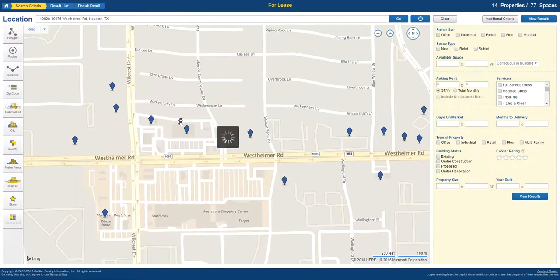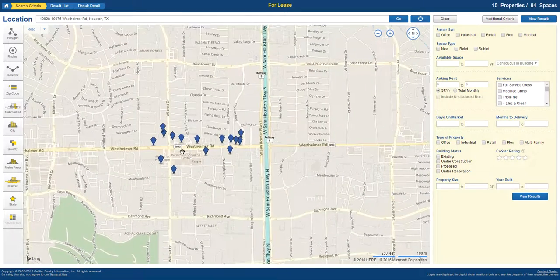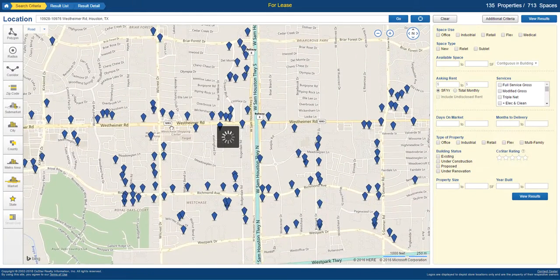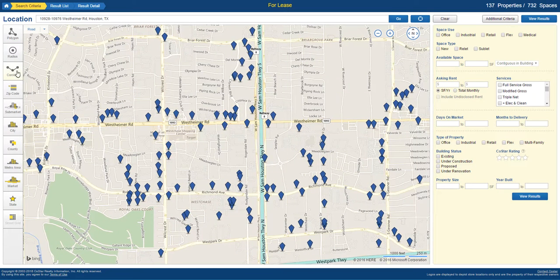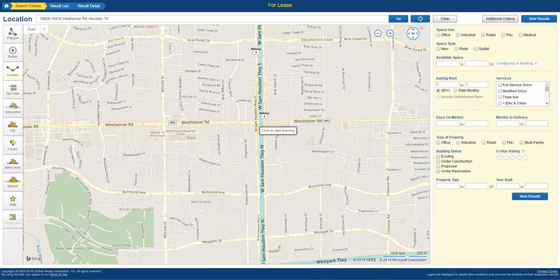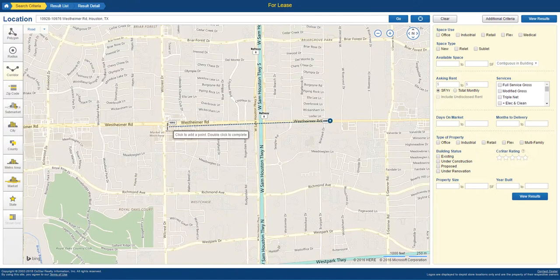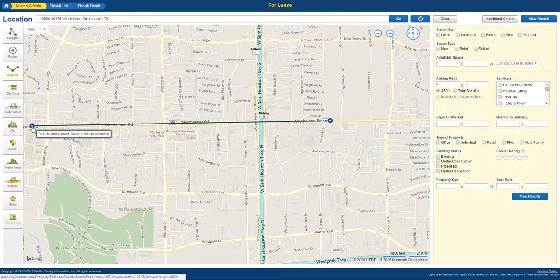So typically, because this is retail, we're going to focus on all the spaces that could possibly work that are retail. So I'm going to do what's called a corridor search. We don't want to be on, well, we can go this far in Westheimer. So I can take a search here along Westheimer, about a 2-mile radius here.